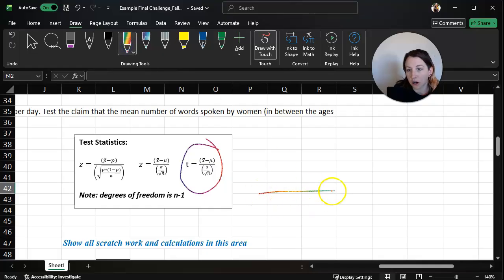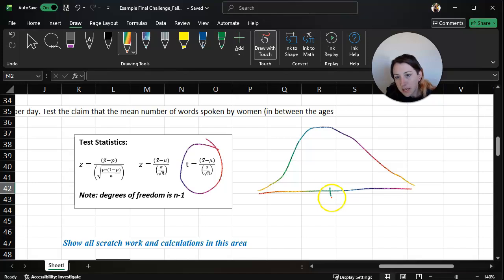So if I were to draw this distribution, our population mean would be in the middle, again, what we assume to be true. And what we're saying is that our sample mean is close to a standard deviation below the mean.